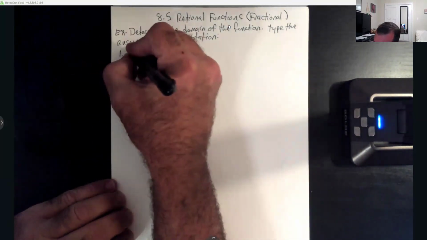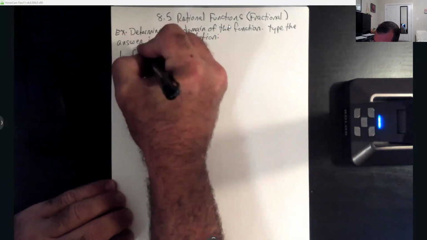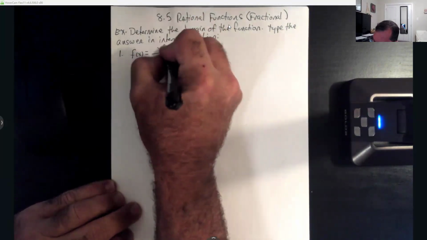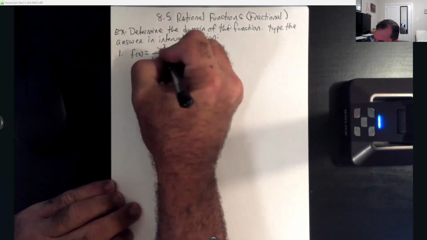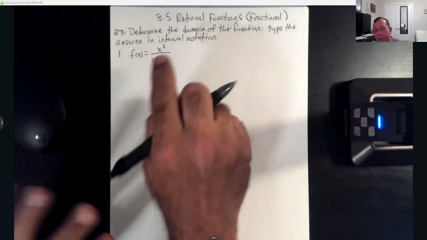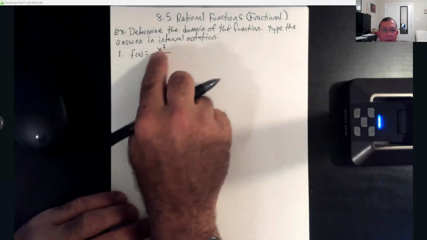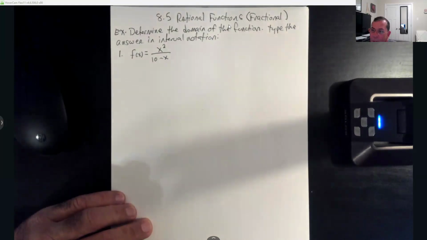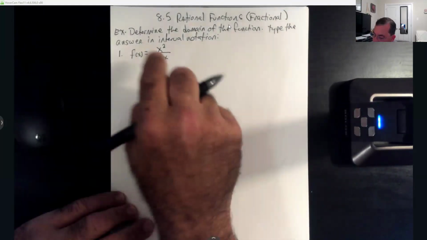So for my first one, I got f of x equals x squared over 10 minus x. If you remember, when you're looking for the domain of a fractional expression like this, we're only concerned with the denominator. And remember, the denominator cannot equal 0.